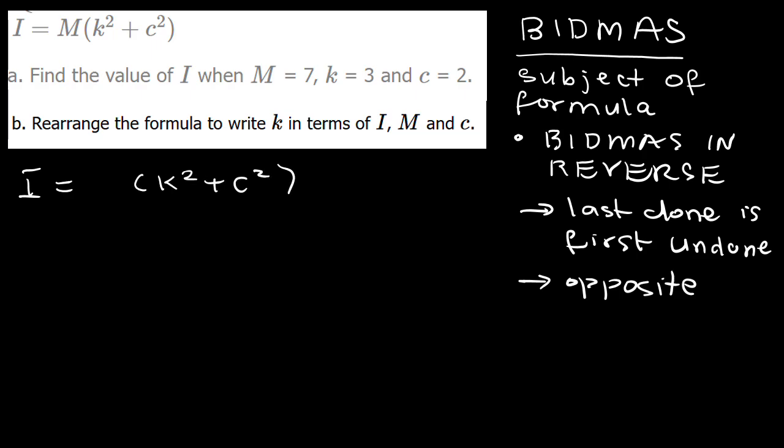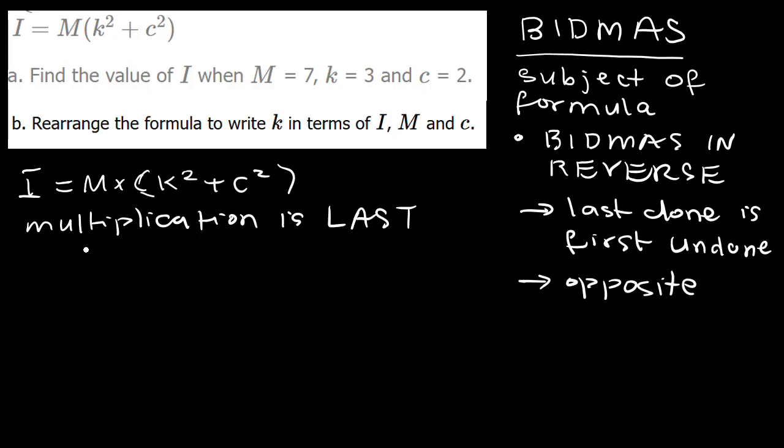That was the first thing, and then the last thing you did is multiplying. So that means that multiplication is last. So the opposite of multiplication is division. So that means division is first.